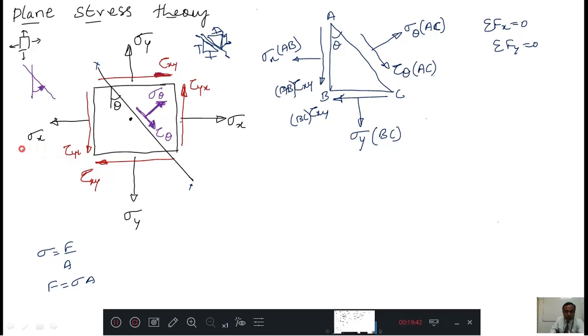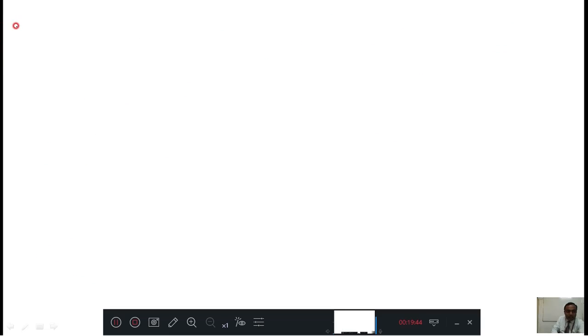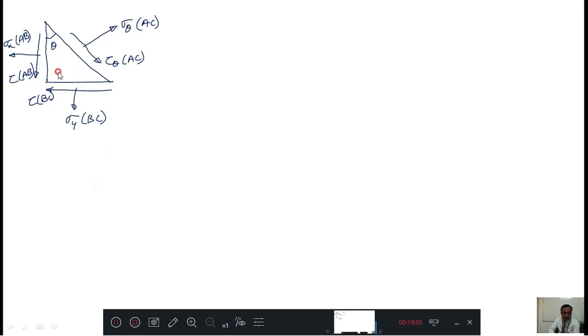Let me write that diagram once again. Now, this is again difficult to understand. Therefore, I will draw one more diagram here. First year you are very familiar with solving such problems, no? That type of diagram I am going to draw.